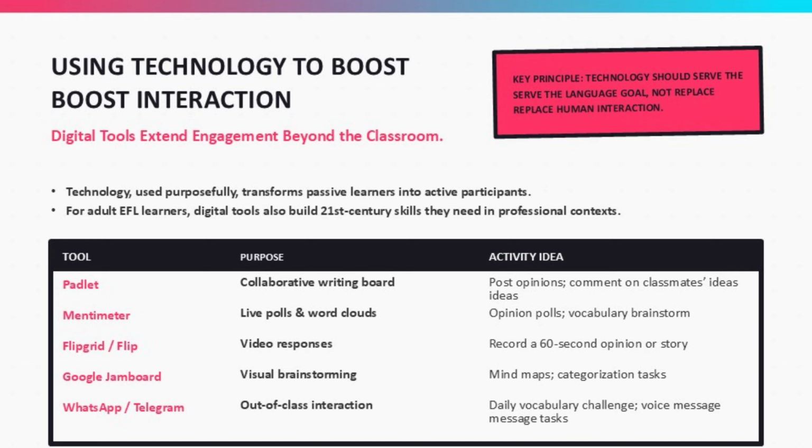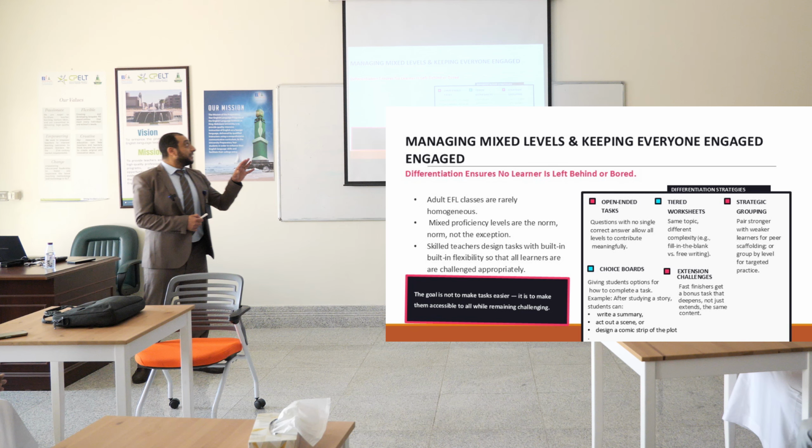We have Flipgrid. It's for video responses. So we can ask students to record a short video of themselves and share it. And we have Telegram and WhatsApp for out-of-class interaction, like daily vocabulary challenges or voice message tasks.